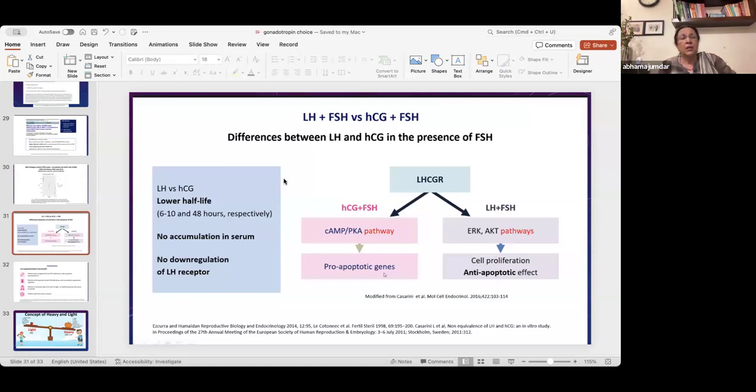Otherwise, you can start in the follicular phase. If sickle cell disease requires you to keep the estrogen levels low, then you can give them letrozole across the stimulation. Go on increasing the dose of letrozole so that the E2 levels don't go over 300 or 400 picograms. So you just do oocyte cryopreservation.